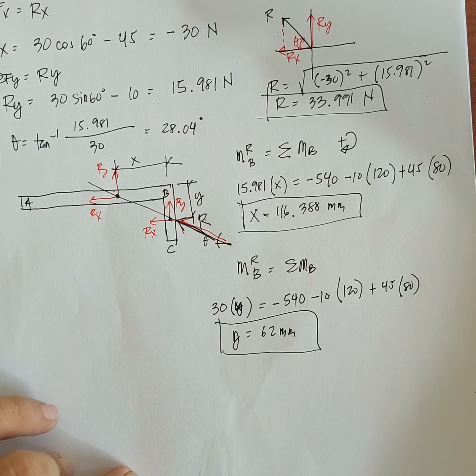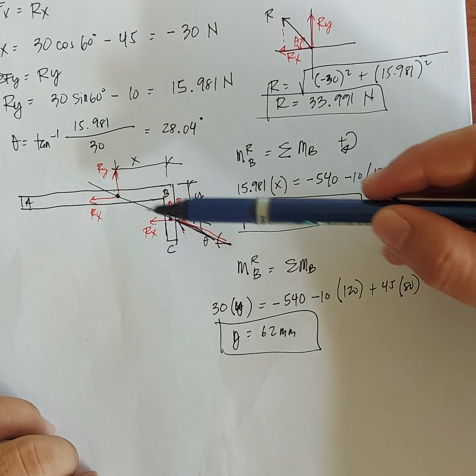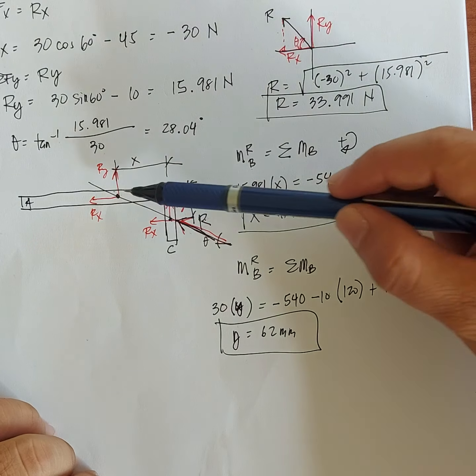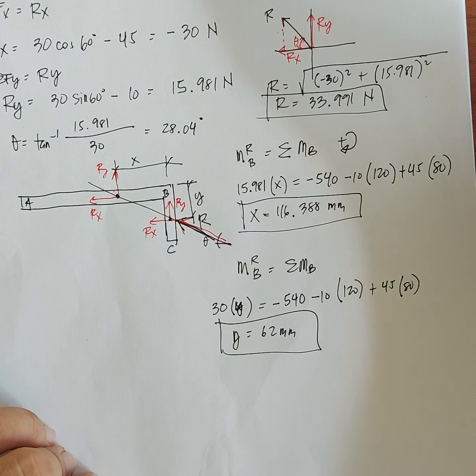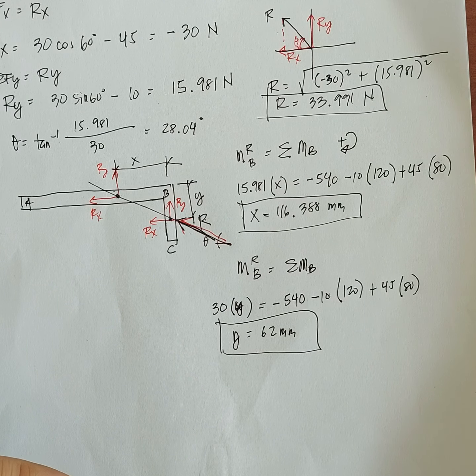But you can also solve for this points of intersection relative to point C or relative to point A. Okay? You may try it. Solve it that way. Okay, so that's how we solve for this second problem. Now we'll have another example sa next na video.